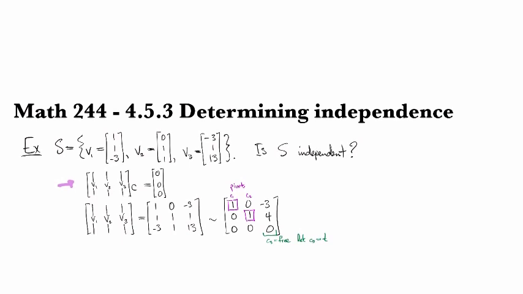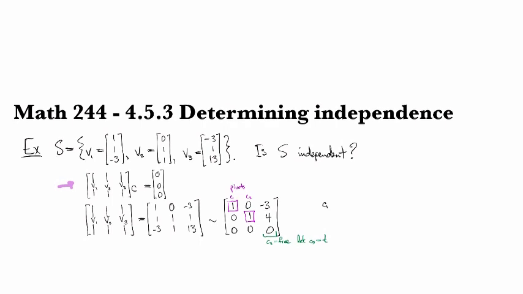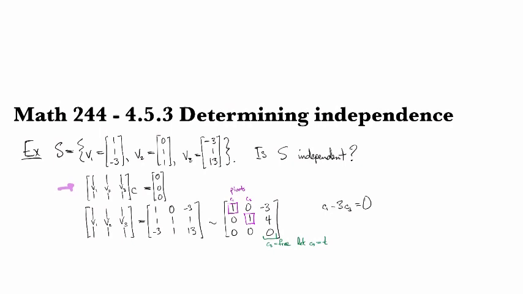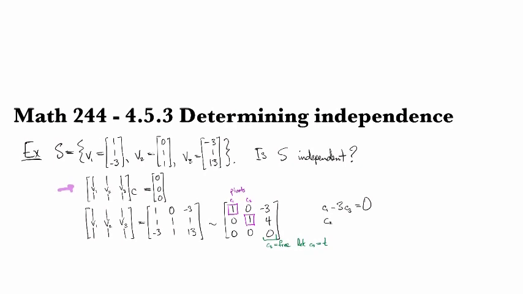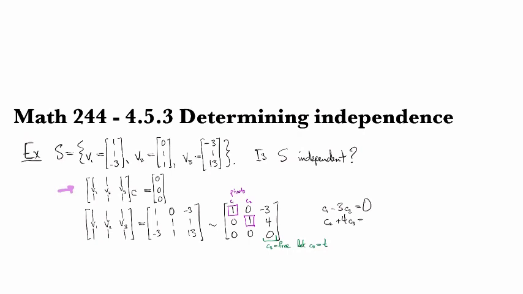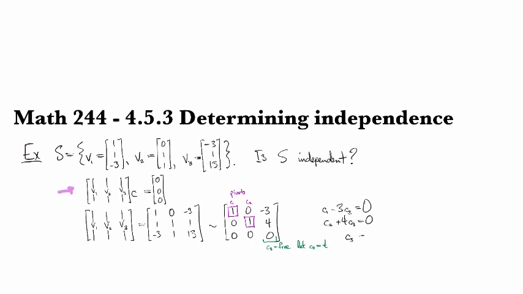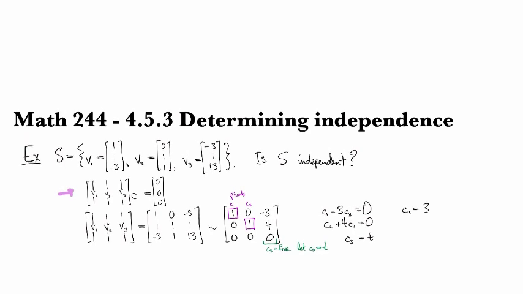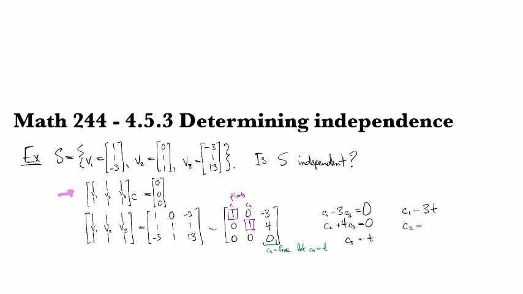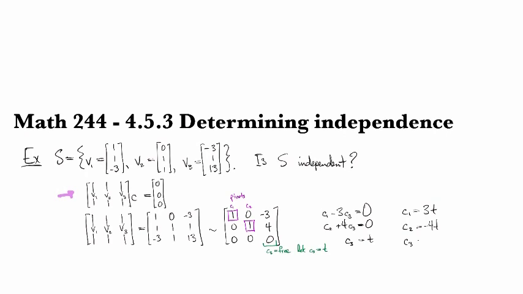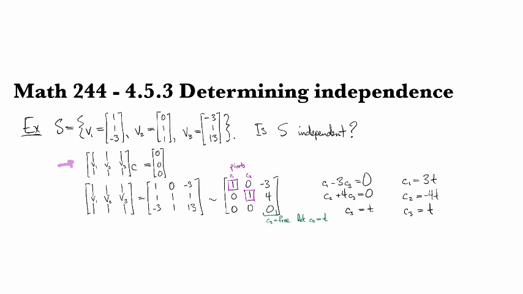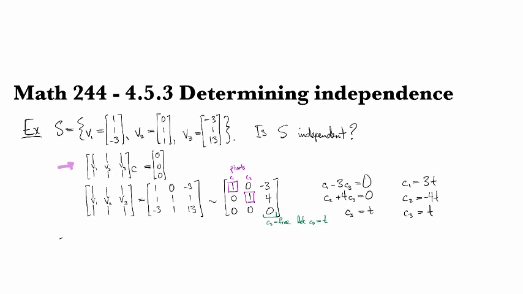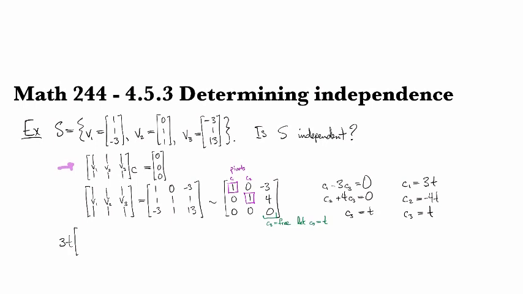Then these equations say that C1 minus 3C3 equals 0, and C2 plus 4C3 equals 0, and we're going to let C3 be equal to t. So we have C1 is equal to 3t, and C2 is equal to minus 4t, and C3 is equal to t.